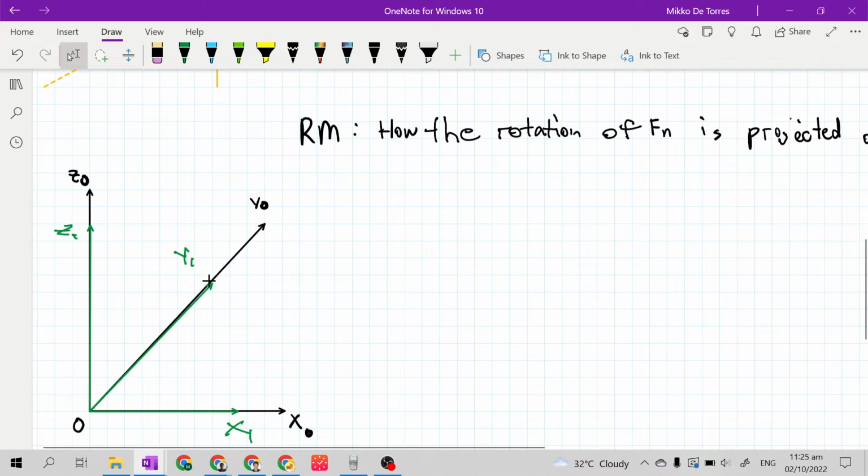Okay. So to derive our rotation matrix, we will need to have a rotation angle to rotate an axis. So we will rotate first at the axis of z0 and z sub 1. Okay. So if we rotate at z0, z sub 1, there will be a movement at y sub 1 and x sub 1.